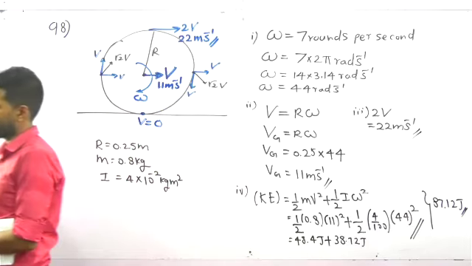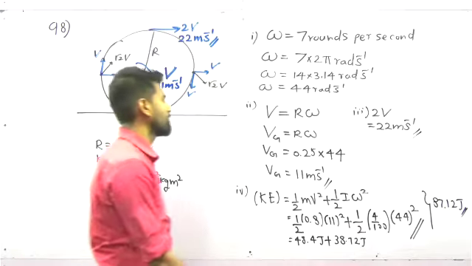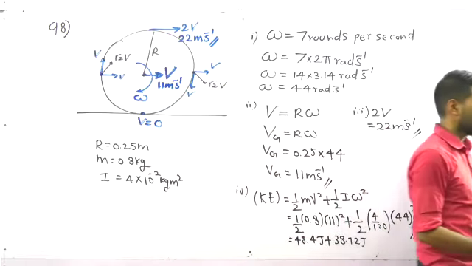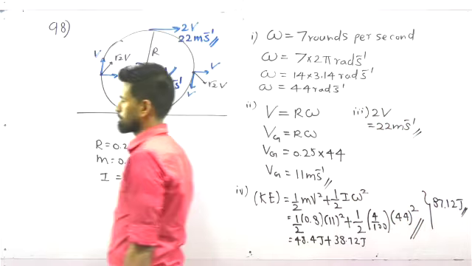The total kinetic energy is 87.12 joules. Okay. Finish the question number 99 before going to the interval.